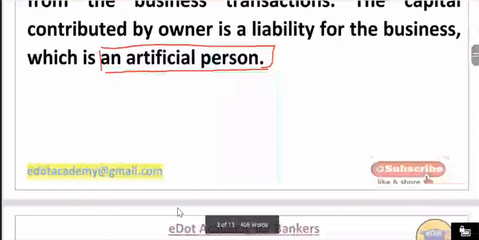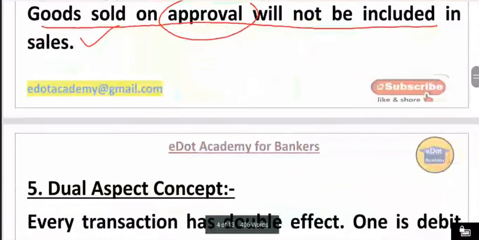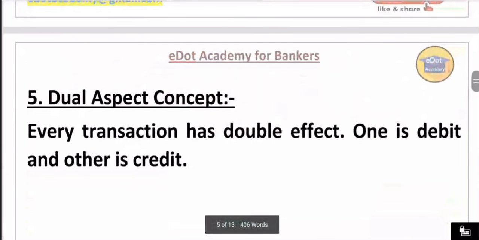Starting with number one, the cost concept: whatever entry we make must be based on the cost concept only. Number two, the money measurement concept: we record everything in money only. Next is the business entity concept, and number three is the realization concept. Next is the dual aspect concept, meaning every entry is recorded in two places.